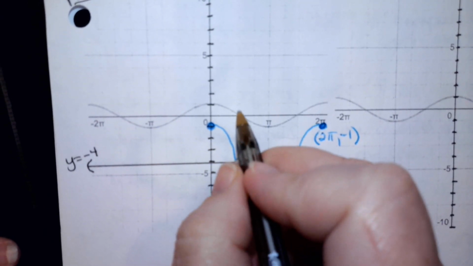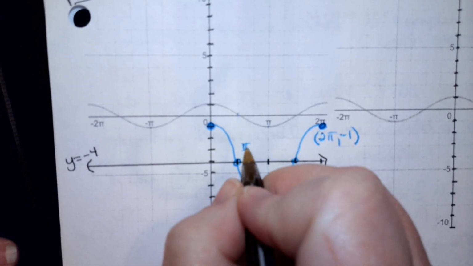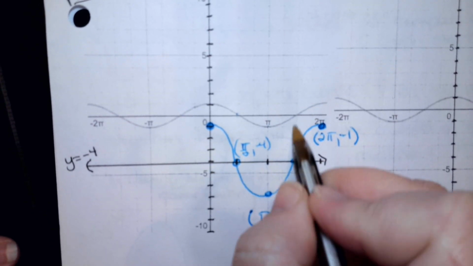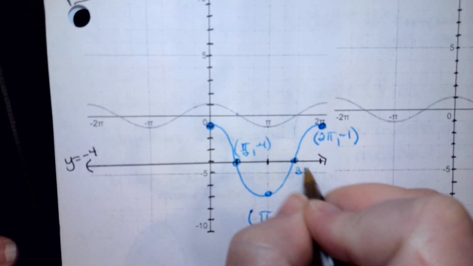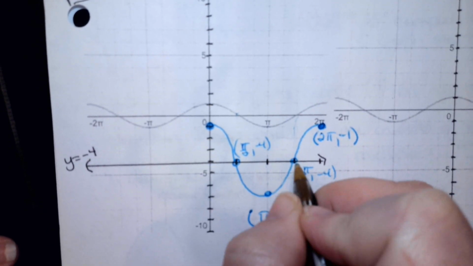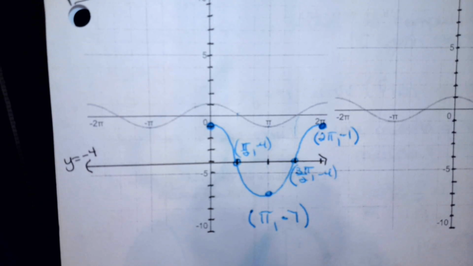All right, this right here would be pi over 2 and -4. And this one right here would be 3 pi over 2 and also -4. Still, even after all these years of teaching it, it still looks weird when I write ordered pairs like that, because we're always used to numbers and not a radian.